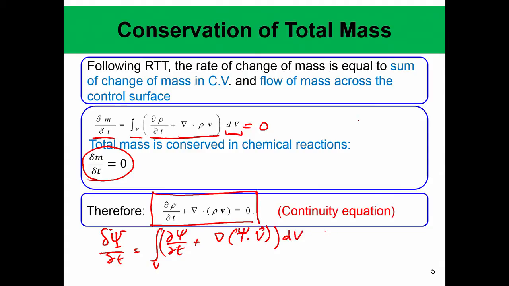And now if we write that capital Xi is equal to m, then it implies that small xi is nothing but rho, because capital Xi is equal to integral of xi dV. So small xi is equal to rho.